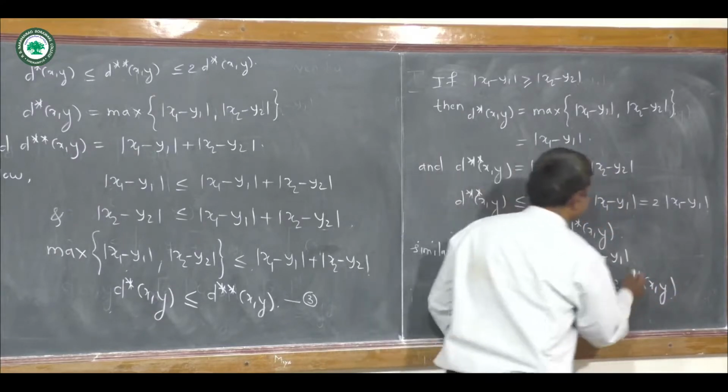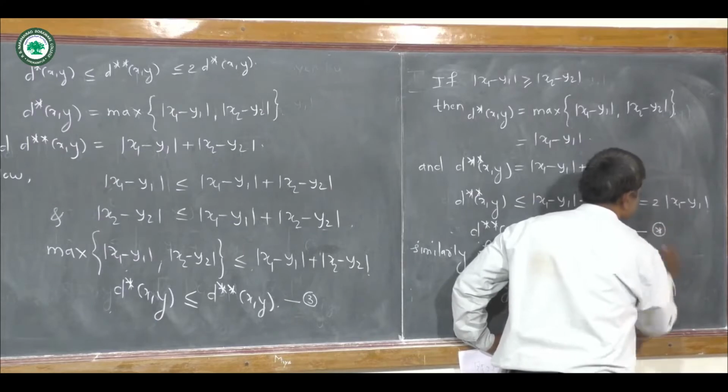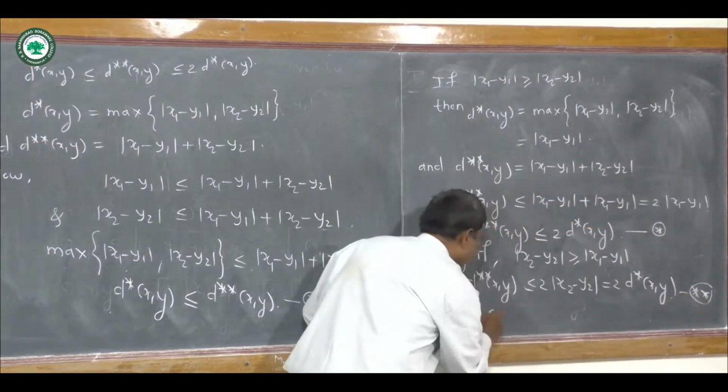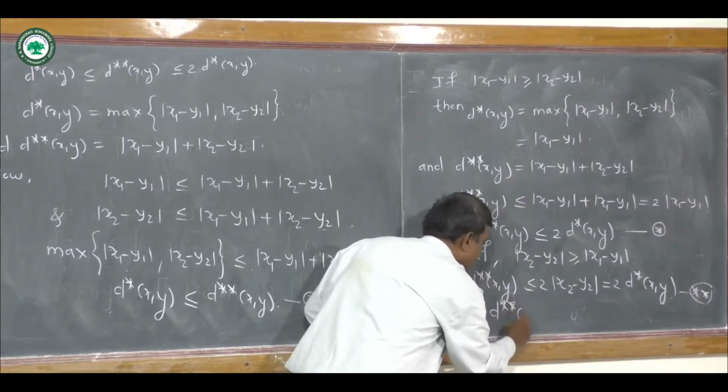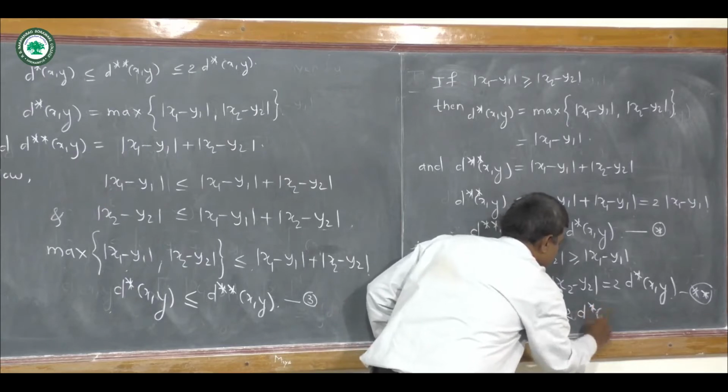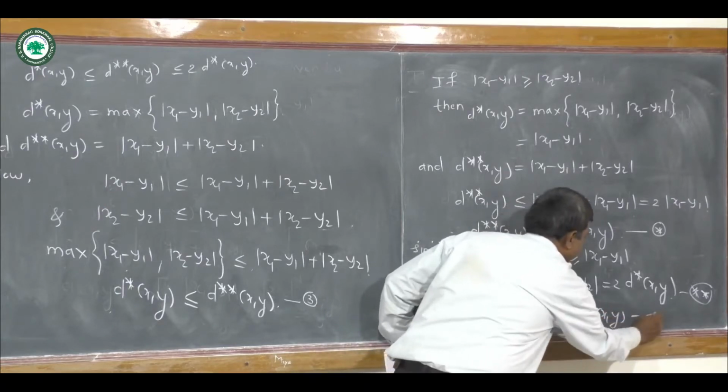Okay, so using this, star and double star, we write d star star of x comma y is less than or equal to twice d star of x comma y. So this is 4.